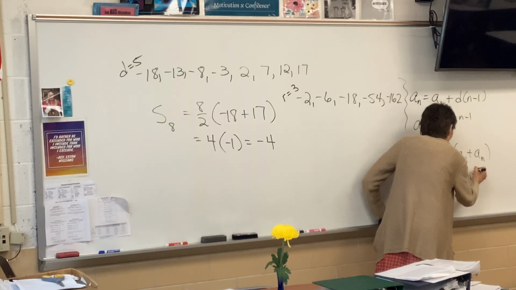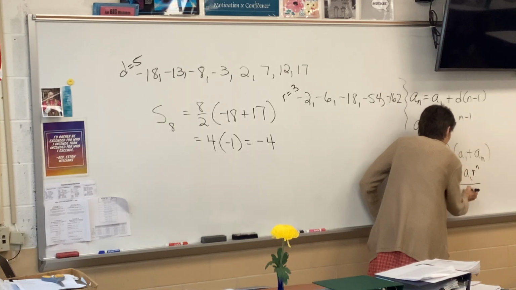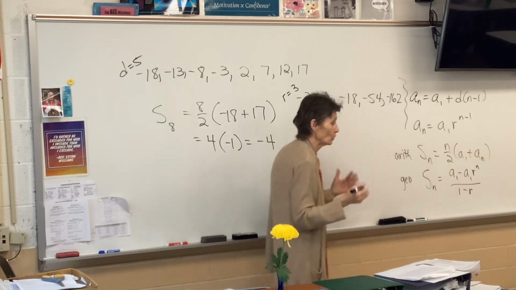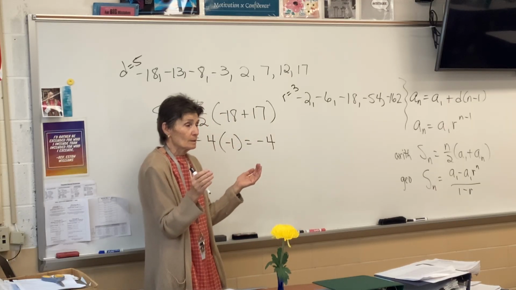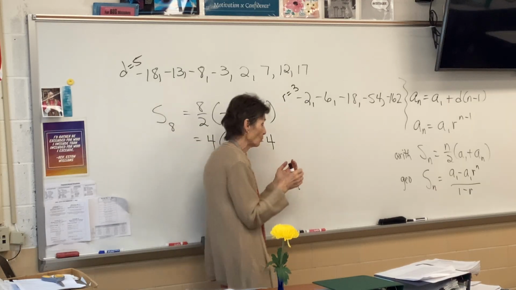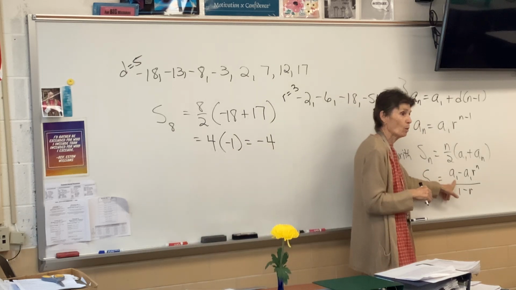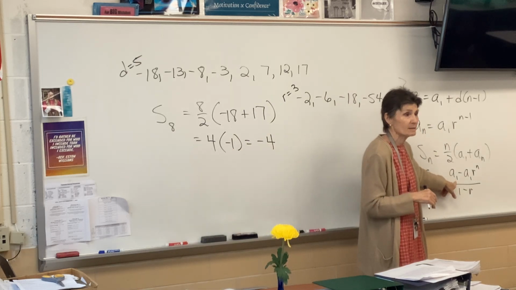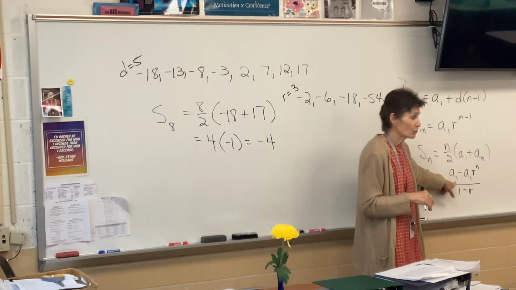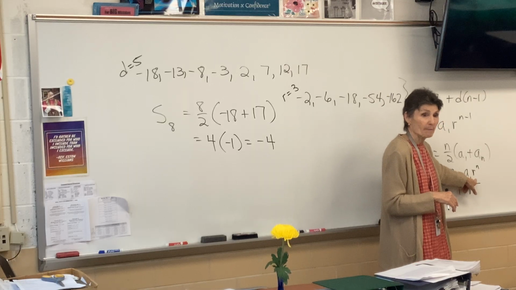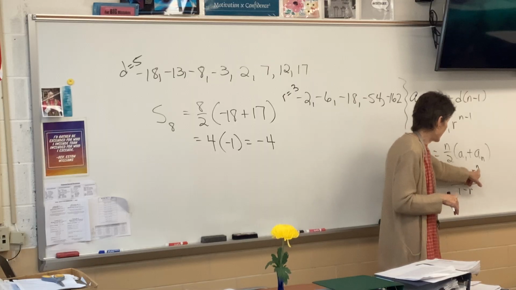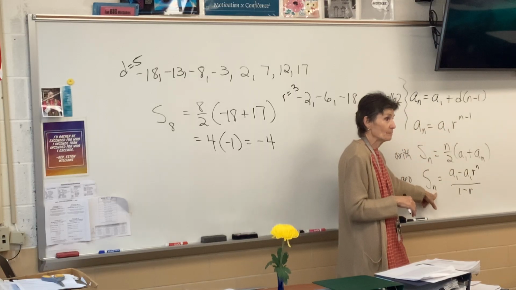This is your formula. Now, it looks complicated, but remember, you don't need to memorize it. You just need to know what all this stands for. So what's A sub 1? Always A sub 1 means first term. R is the common ratio, and N matches that guy right there.